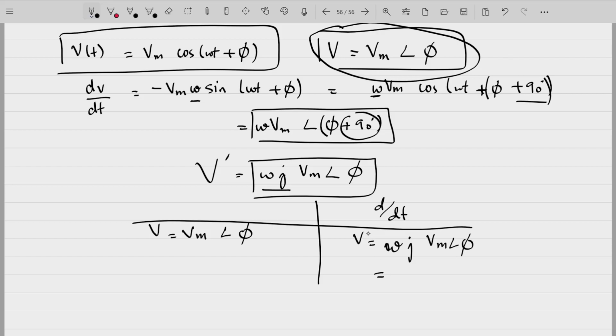Or you can simply write omega j into V, since V is already Vm angle phi. So V dash is equal to omega j into V, where V is Vm angle phi. So we have differentiated the cosine form and found that the new phasor form will be omega j Vm angle phi. The differential form of the phasor is V dash equal to omega j into V.